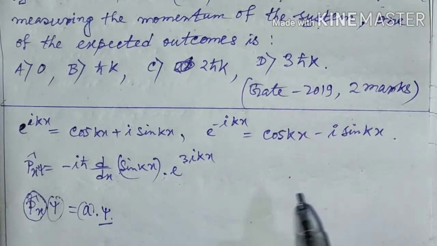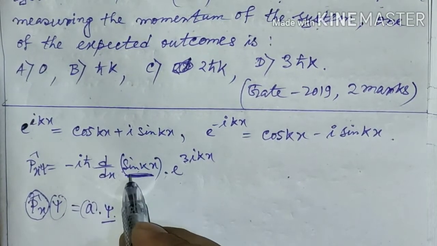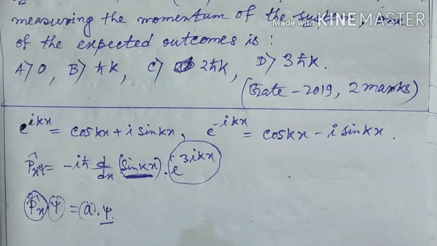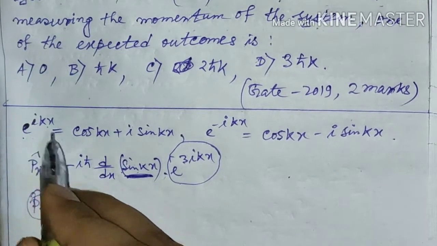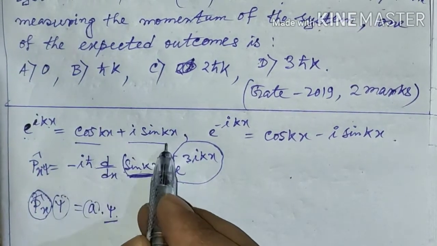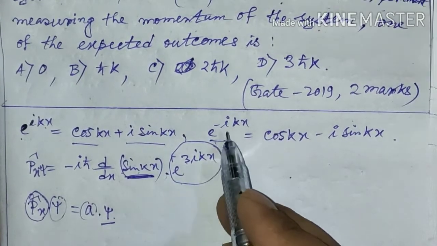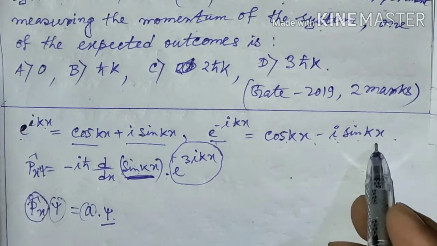So you have to use some trick, that is you have to convert this sin kx term in the form of exponential terms, and we know that e to the power ikx is equal to cos kx plus i sin kx. It is a mathematical equation, and e to the minus ikx is equal to cos kx minus i sin kx.